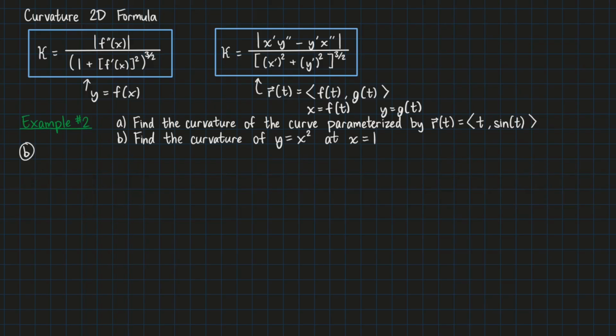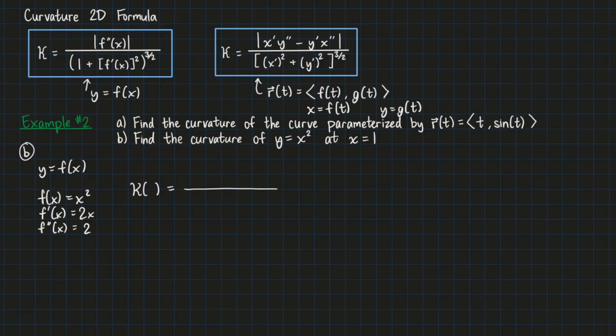Find the curvature of y equals x squared at x equals 1. So this is y as a function of x, so we're going to use the formula on the left, and we need to find the first derivative and the second derivative of f of x. y equals f of x, so f of x equals x squared. f prime of x is 2x, and f double prime of x is 2.